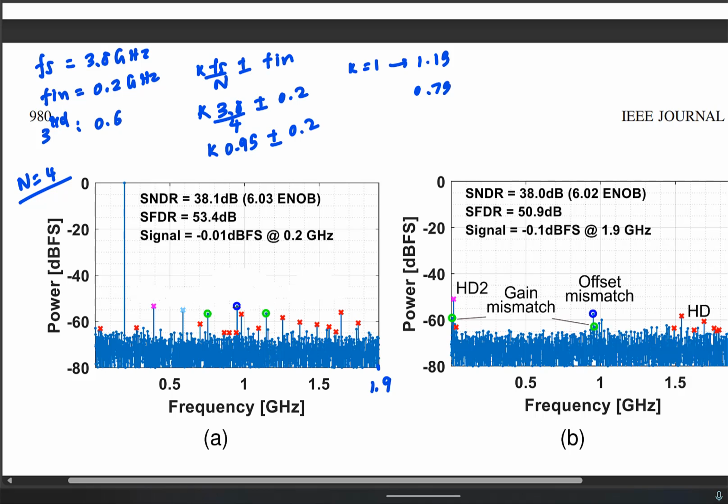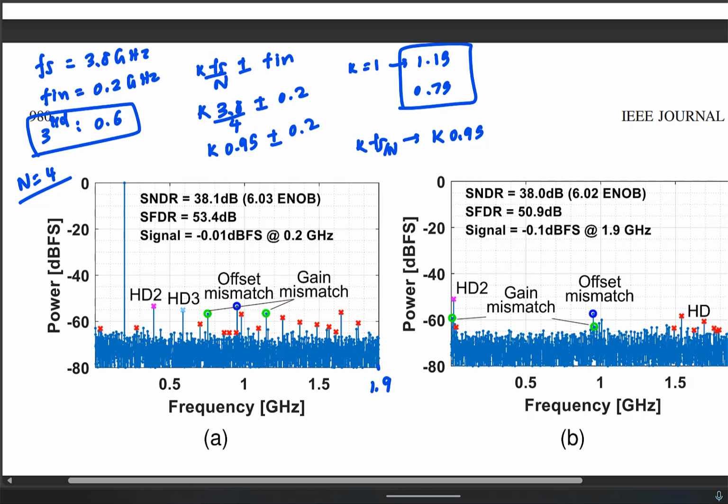Correct? So these will be the tones you see if there is a gain mismatch, and this is the third harmonic. And what if there is an offset mismatch? You will see tones at k times Fs by n, that is basically k times 0.95. Fine. And as you see, magic eraser. So let's verify.